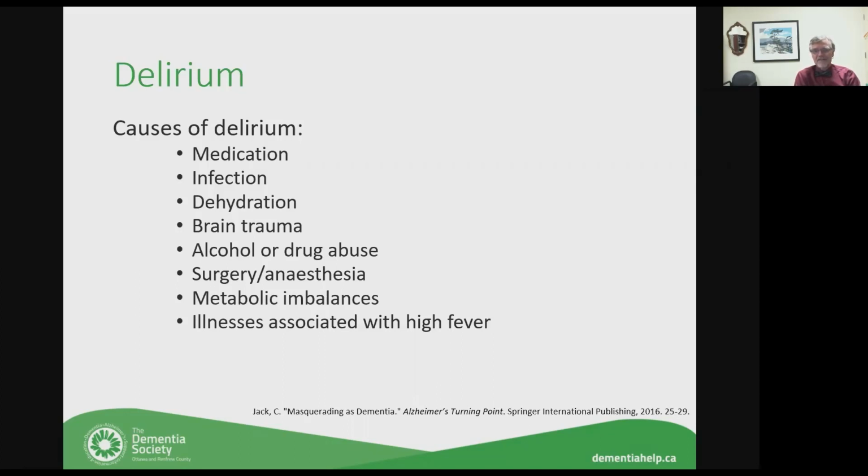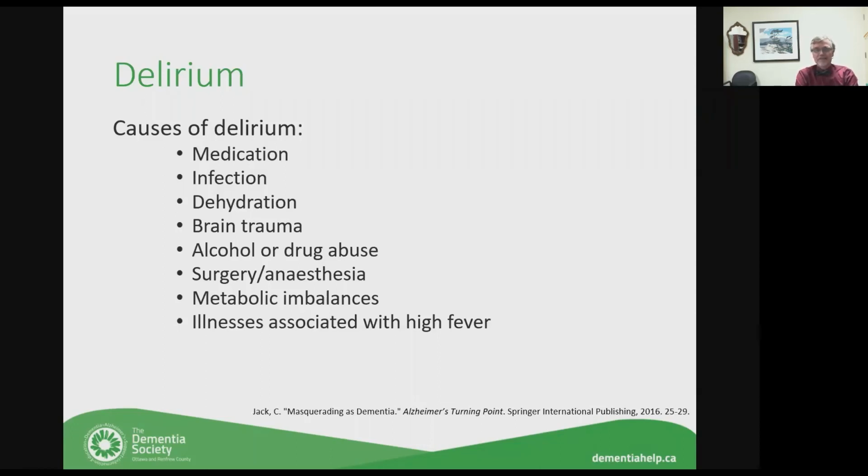Surgery, anesthetics, any of these can cause delirium. Now, what's annoying is that often, if you have a little bit of underlying dementia, so you have some early Alzheimer's changes, then you get an infection, and all of a sudden it'll get 10 times worse.